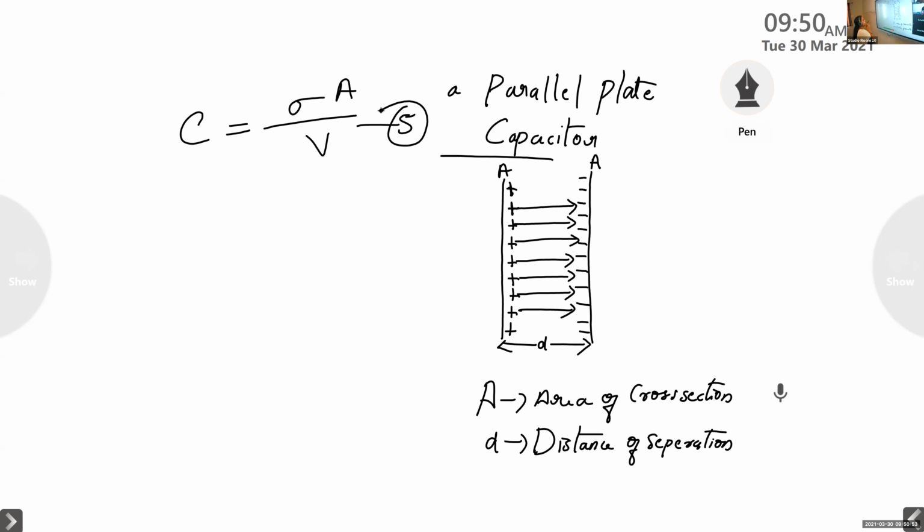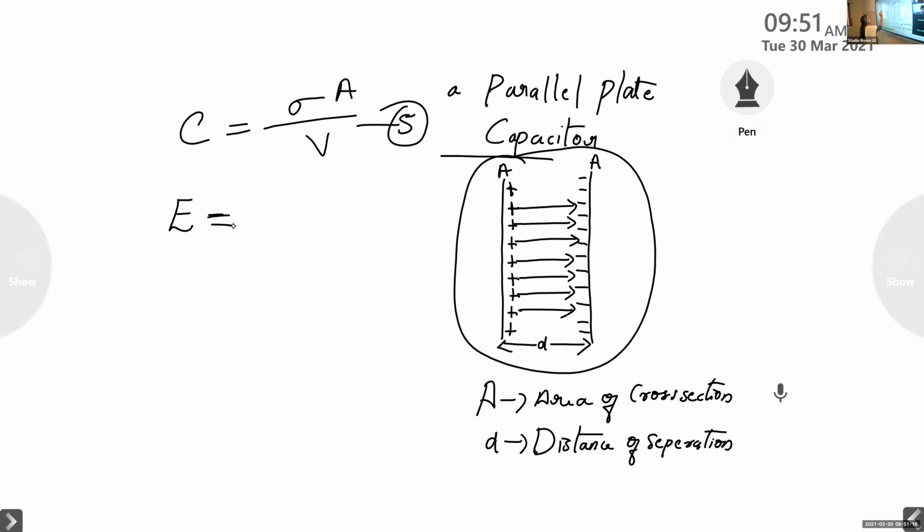But we know the relationship between the electric field and potential. What about the potential of the conductor? Can you recall the relation between electric field and potential? The electric field is the negative gradient of potential, that is, E is equal to minus dV by dx.